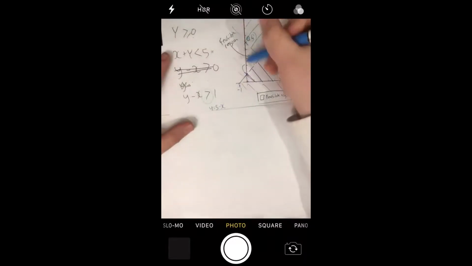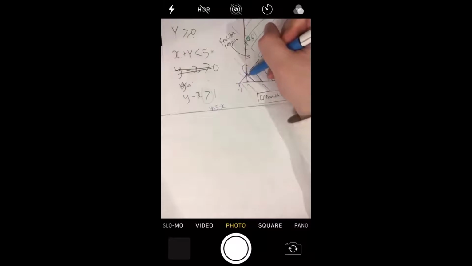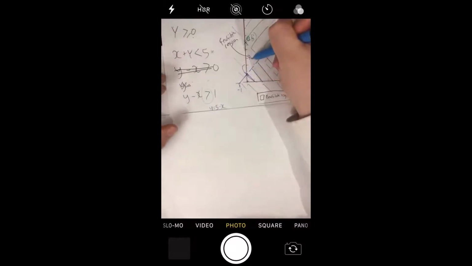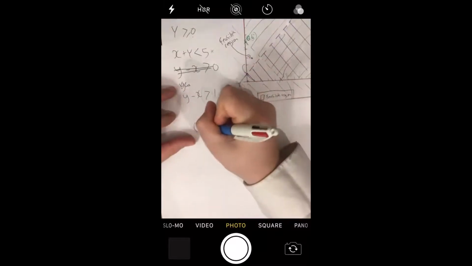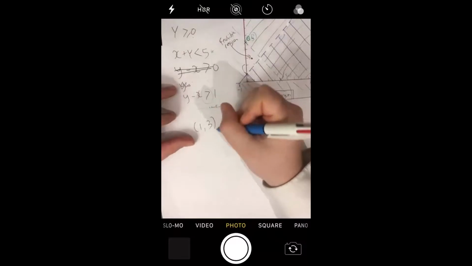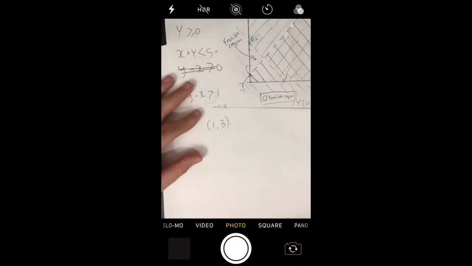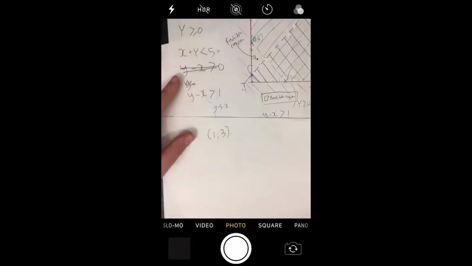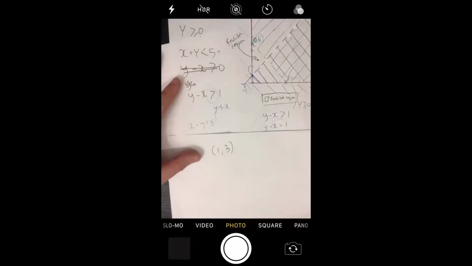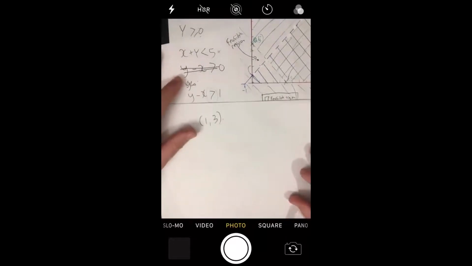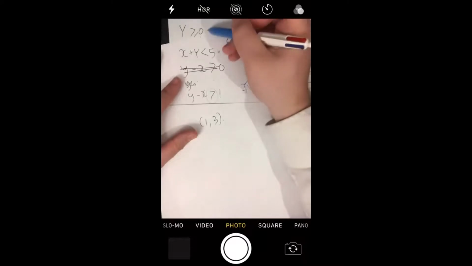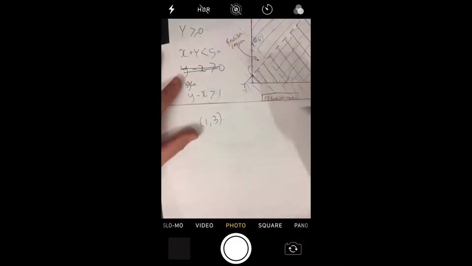We're going to take this point, just to further help you understand. This point right here, 1, 3, is in the middle of the feasible region. So if 1, 3 is in the middle of the feasible region, then it should work. It should satisfy each of these equations.